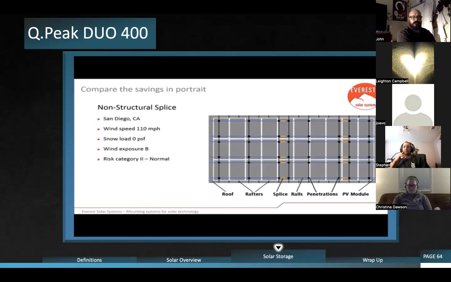If you use a non-structural splice on this array, it's going to require you to add 2 attachments per splice. As you can see here, the dots are the attachments, the orange is the splice, and the blue lines are your rails. For this array, it's going to require you to add 48 roof attachments, which is pretty excessive.